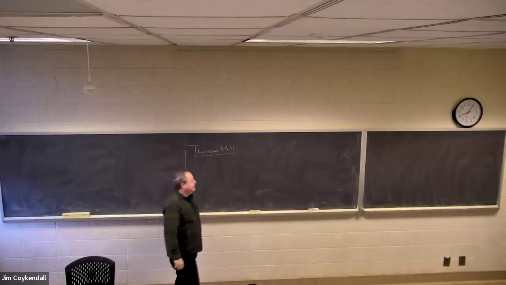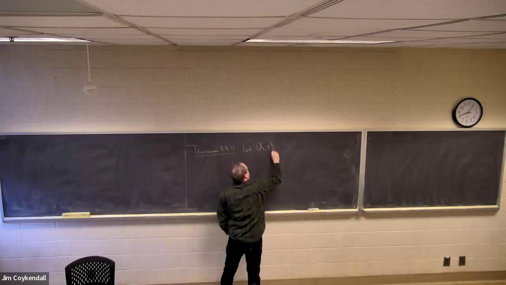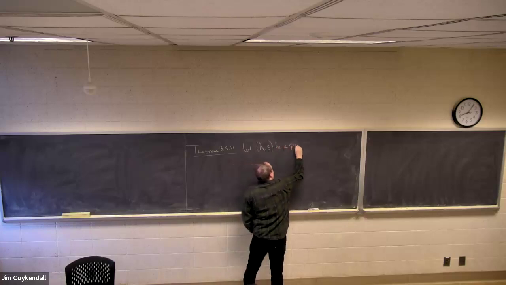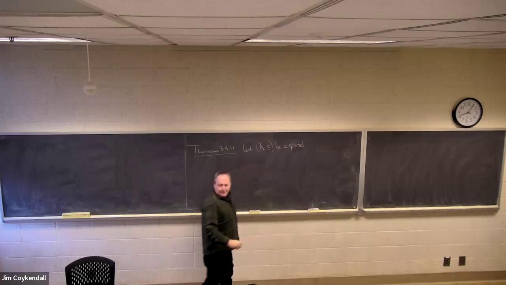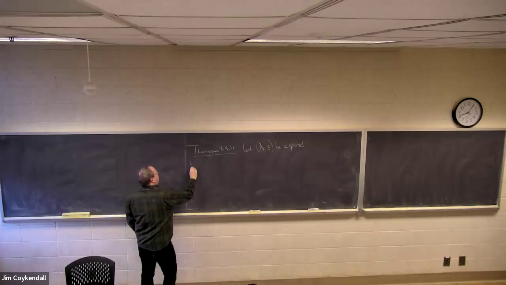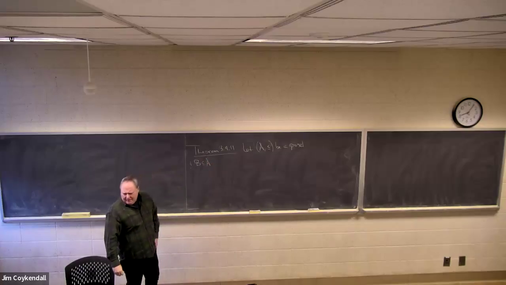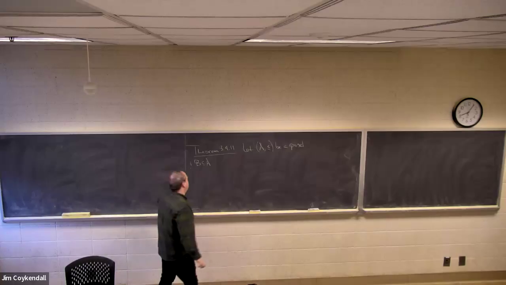Let A be a poset and B be a subset of A. If the supremum of B or the infimum of B exists, then it is unique.